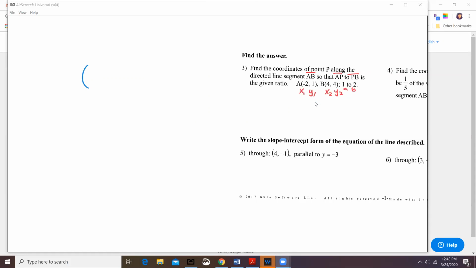Okay, so x1, so -2 plus a over a plus b times x2 minus x1, and then y1 plus a over a plus b times y2 minus y1.